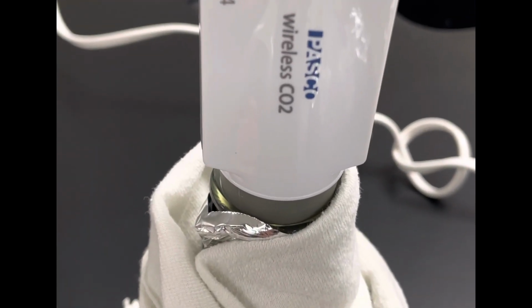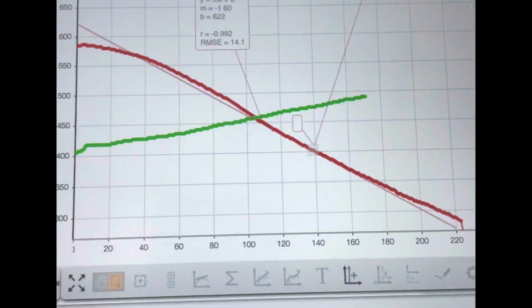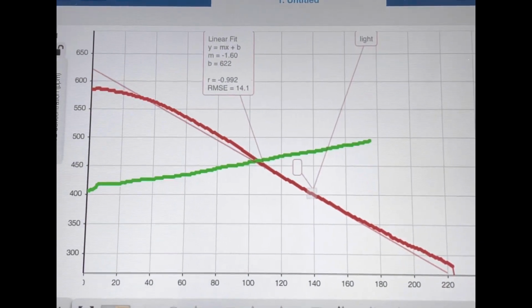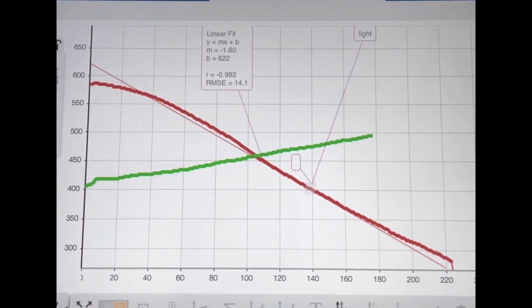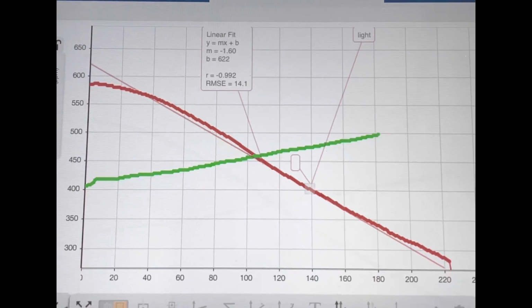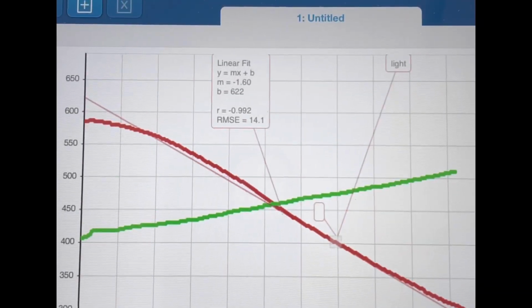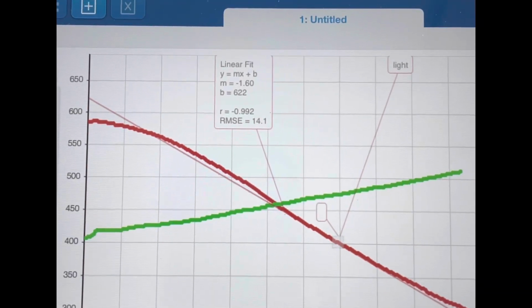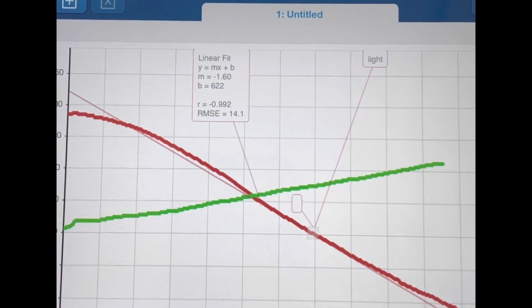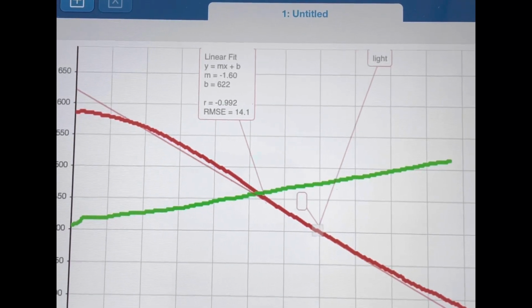So there's the Bluetooth sensor. Let's see what's going on here. Making our way towards 220 seconds.